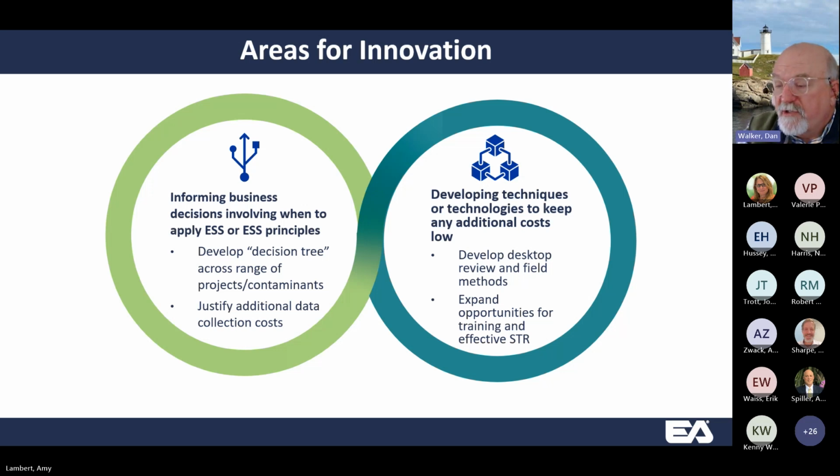What we're working on in terms of some new techniques is ways to incorporate more easily the wide range of publicly available data from our state surveys, from the USGS, from other sources, mining older remedial investigations to try to pull together as much information as possible early on in the project. That's a desktop heavy activity.